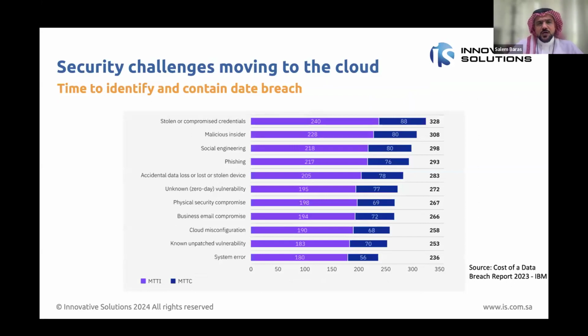Another challenge regarding cloud services, if you look at cloud misconfiguration, is that the time to identify and contain a security incident in the cloud space takes almost 9 months, which is a really long time to cover, protect and close this finding.